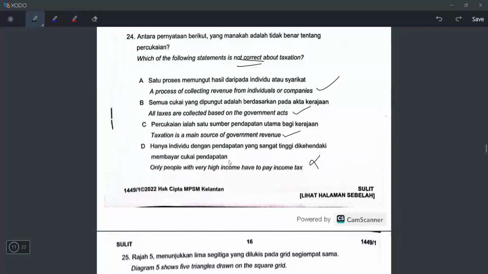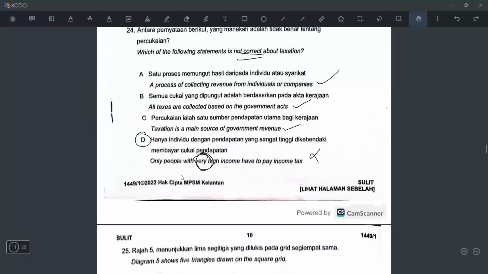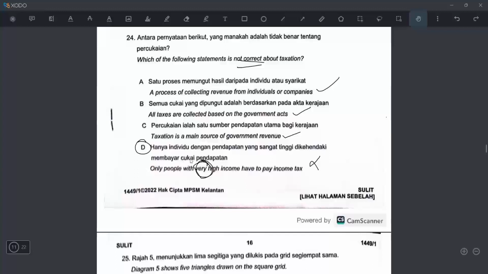But it's very suspicious because they use the word very here. It says only people with very high income have to pay income tax. So this is the most suspicious one, and I will choose this as my answer. Actually, all salaried individuals have to pay tax.